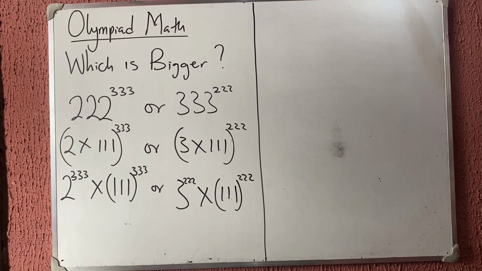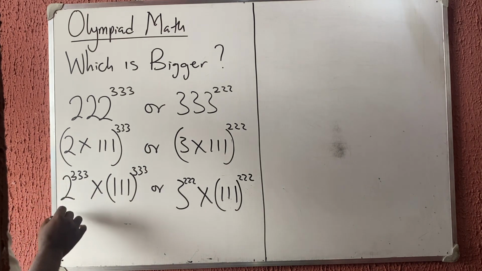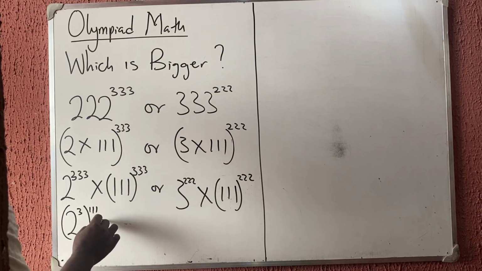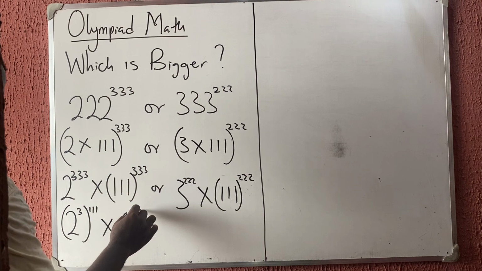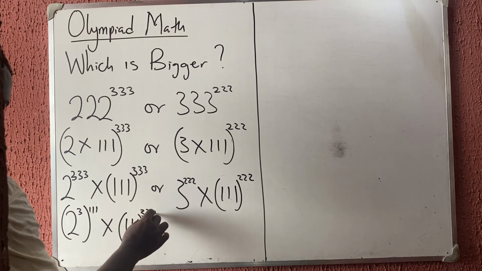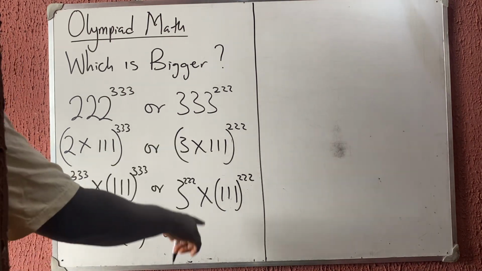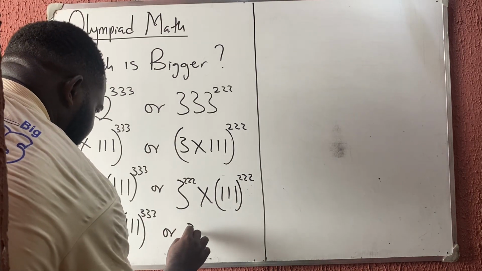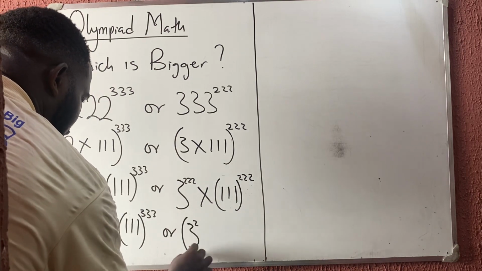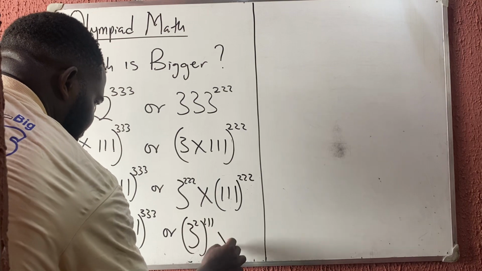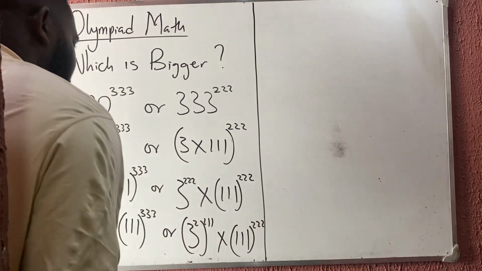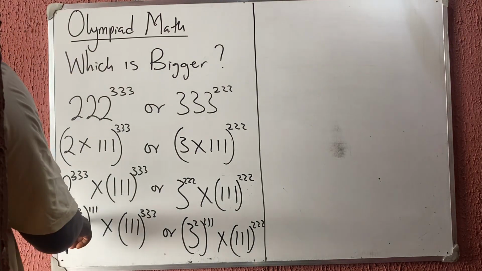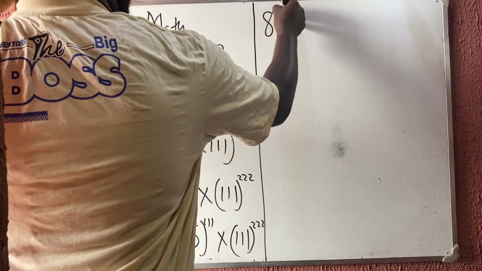I'm going to have that this is 2 raised to power 3, all raised to power 111, times 111 all raised to power 333. Or for this one, it is 3 raised to power 2, all raised to power 111, times 111 raised to power 222. Now I'm going to have that this thing is 8. This is 8 raised to power 111.